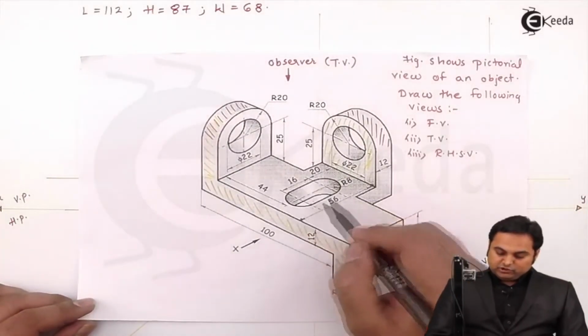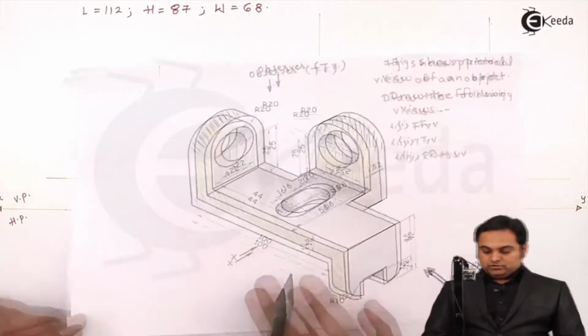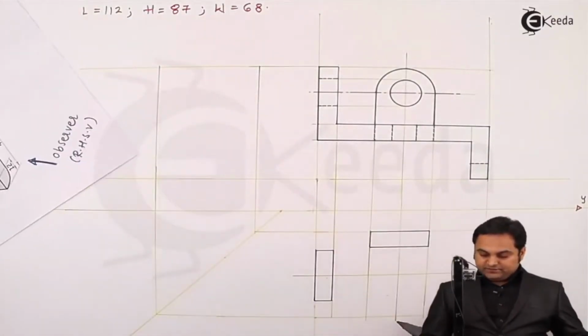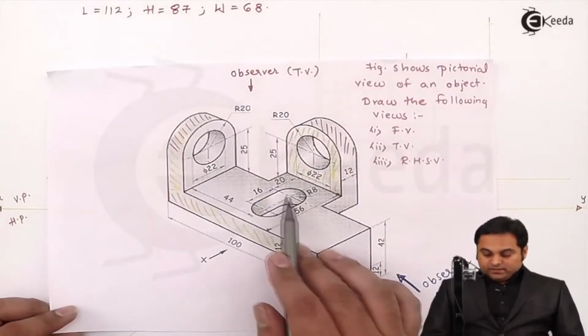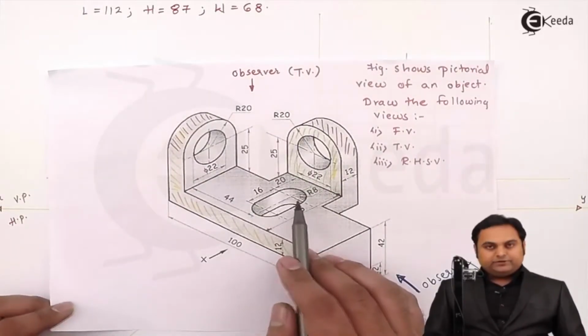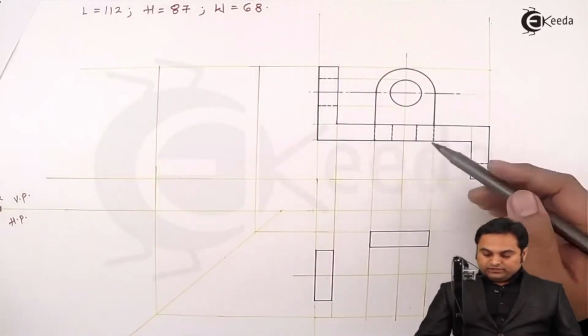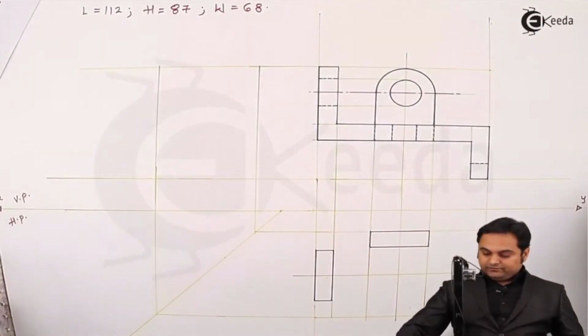This groove or cut is also visible. So I'll be projecting its center, which is already there. And here, as explained in the front view, the length of this cut corresponds to 16 mm. So that length, I'm going to take it from the front view.